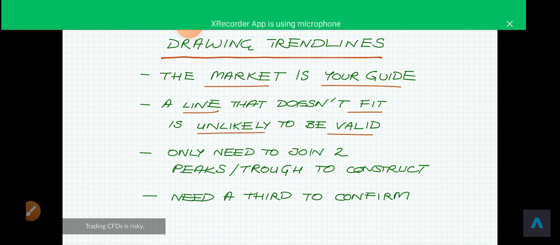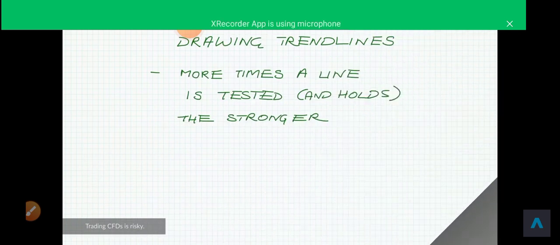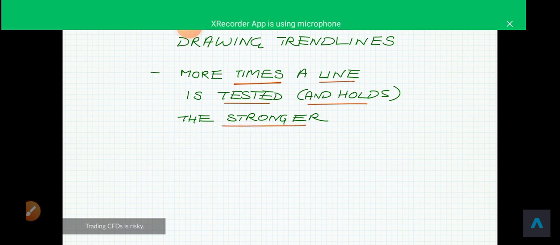When we're constructing a trend line, we only need to join two peaks for a downtrend or two troughs for an uptrend. You only need two to construct the line. Then you will need a third to confirm that it is a valid trend line. But then the more times that a line is tested and holds, then the stronger your conviction can be about that trend line.